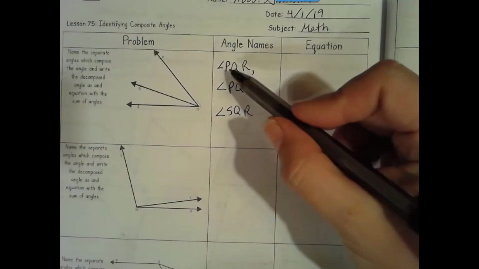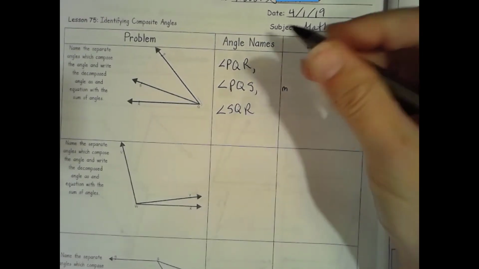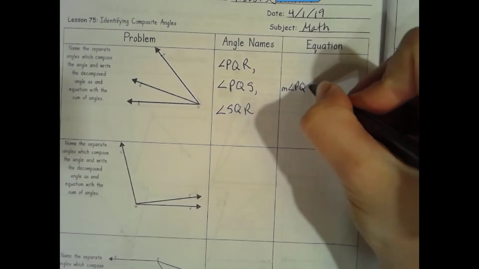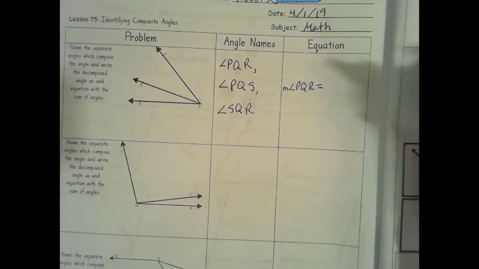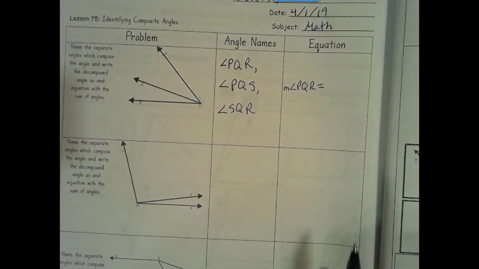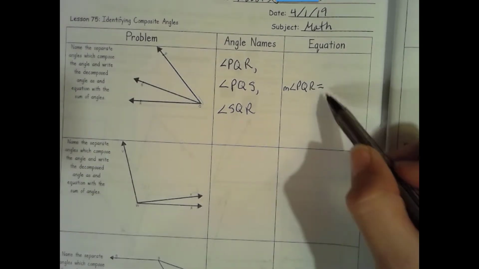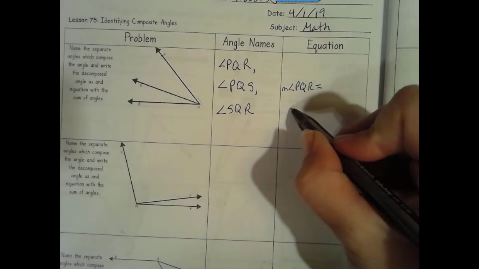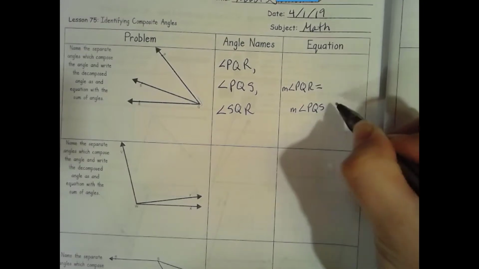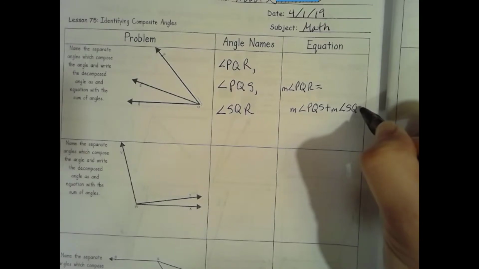So here, this larger angle, we start with M. That means the measure of angle PQR is equal to, so it's equal to these two little ones added together. Now I don't have a lot of room here, so I'm just going to go down, but it continues with that equal sign. The measure of angle PQS plus the measure of angle SQR.